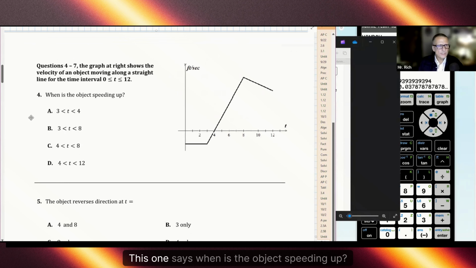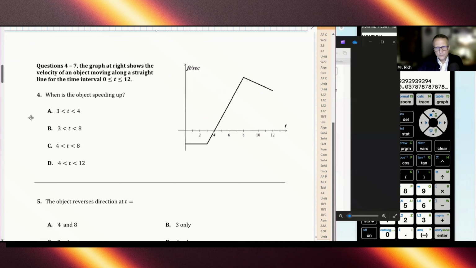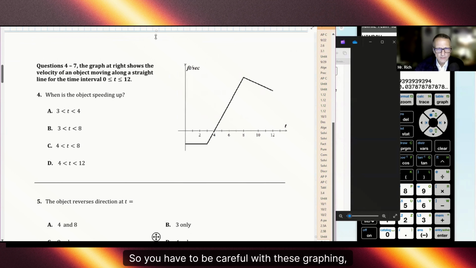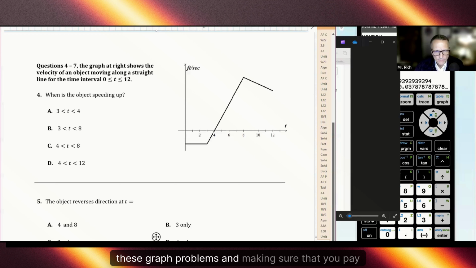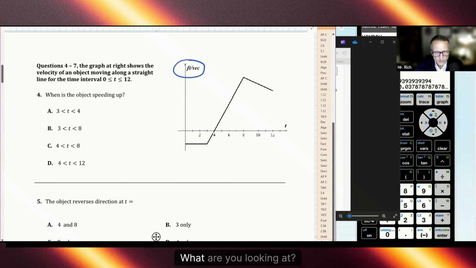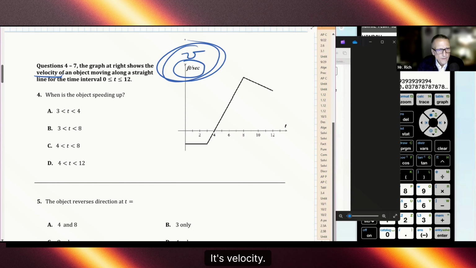Okay, this one says, when is the object speeding up? You have to be careful with these graph problems and pay close attention to what you're looking at. Are you looking at position, velocity, or acceleration? This is velocity, right? It tells us, but you've got to make a point to write it on there. It's velocity. When is this object speeding up?